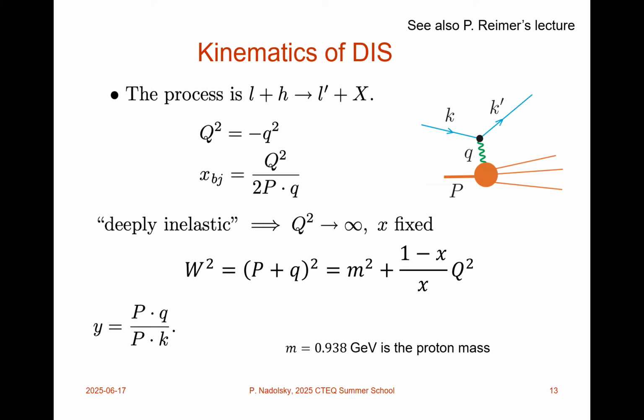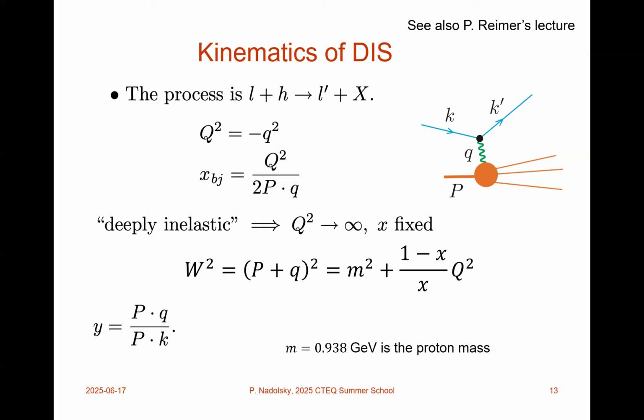And I mentioned that you can introduce two variables. Q squared determines the virtuality of the photon, or if you like, the typical resolution scale, the wavelength of this photon. And X determines the typical momentum fraction that is passed in the lowest order contribution, when you have no additional radiation in the parton process, right?